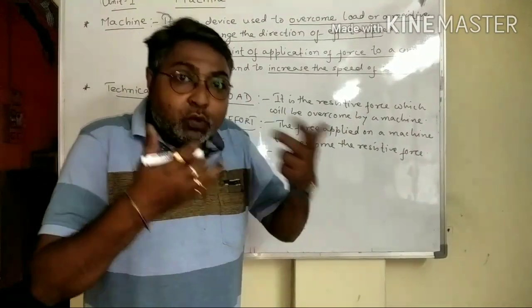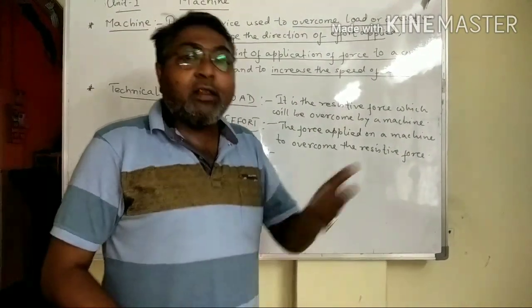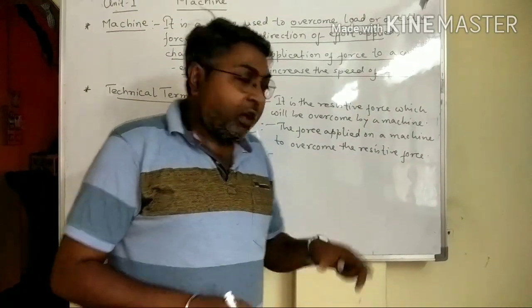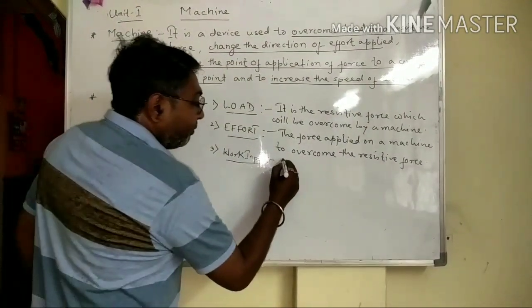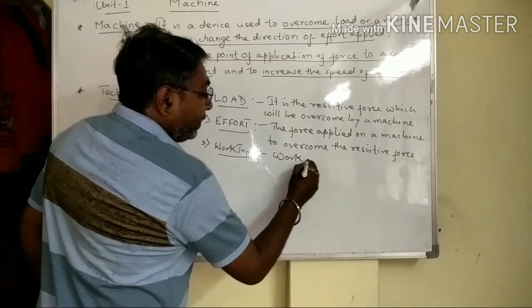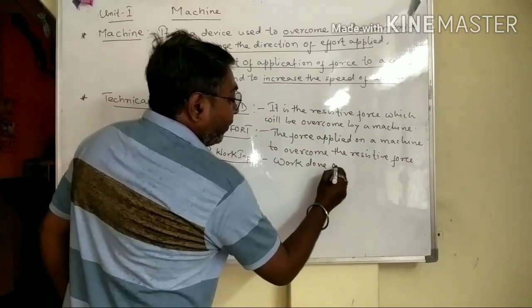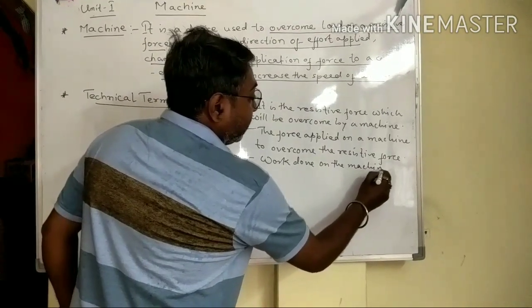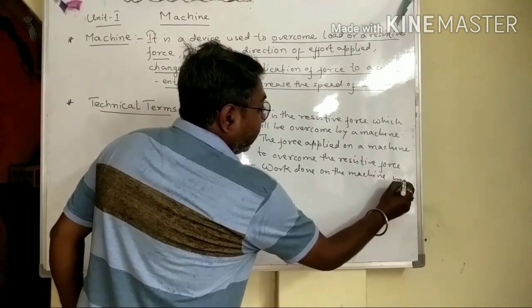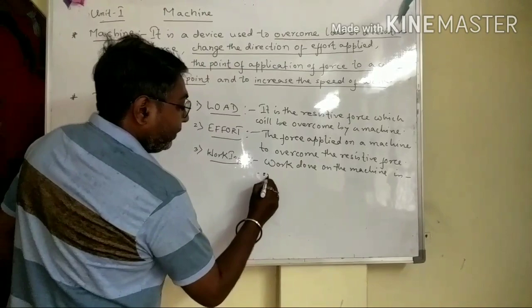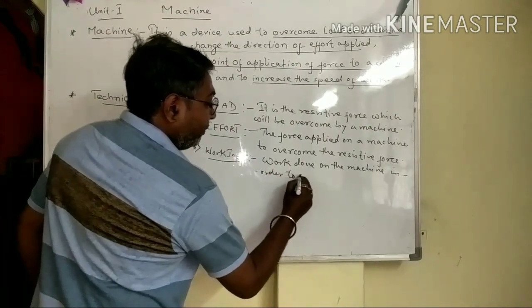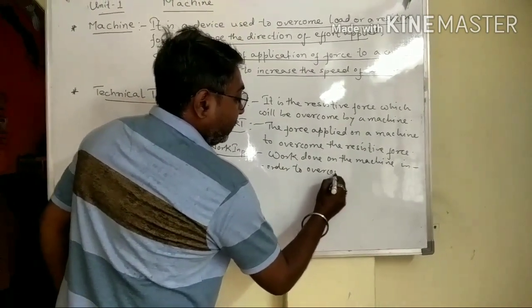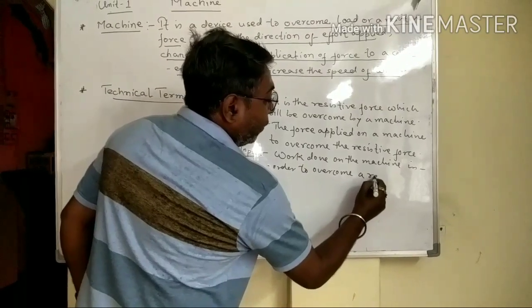So you have to do some work on the machine, only then the machine will do some work for you. So work input is nothing but work done on the machine in order to overcome a resistive force.